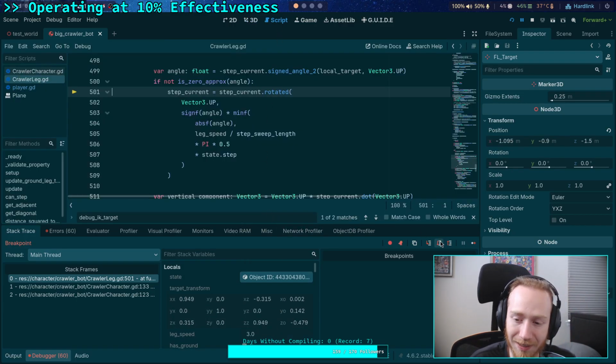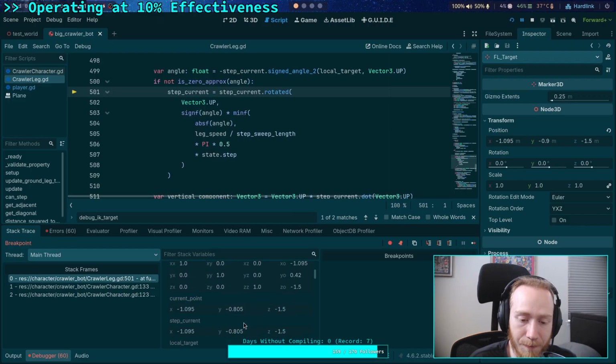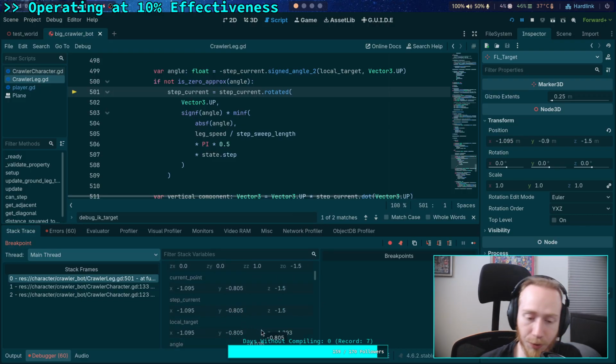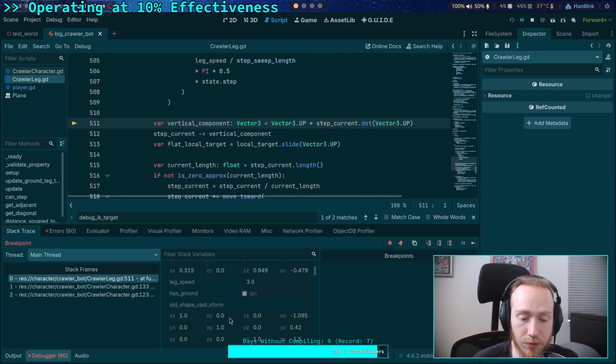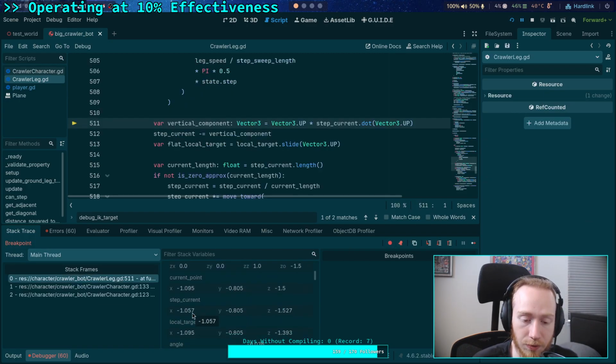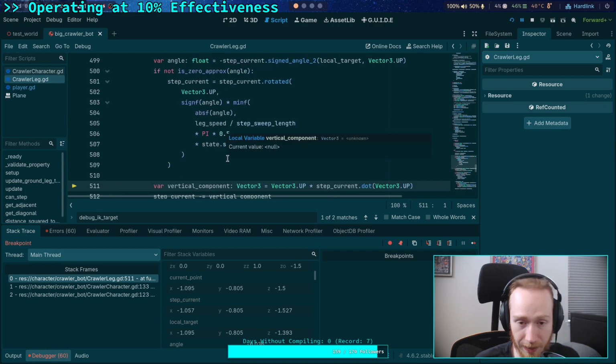Whatever. Alright, but the length of this needs to be reduced, so it should rotate to it. I guess in this case the X will become more negative and this will become closer to this value. Okay, that didn't happen.